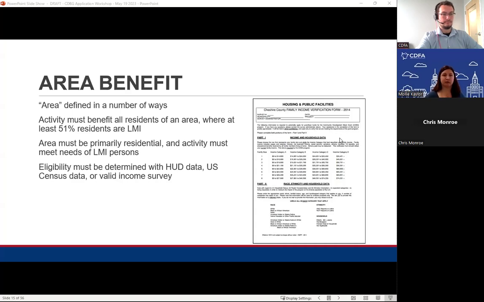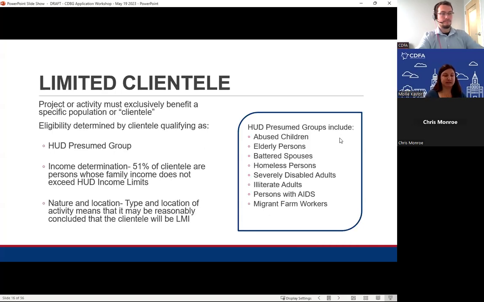The next category is limited clientele. Under limited clientele, the activity must benefit a specific group where at least 51% of the individuals are LMI. This is determined by qualifying under one of the following tests. One of the tests is a HUD presumed group.